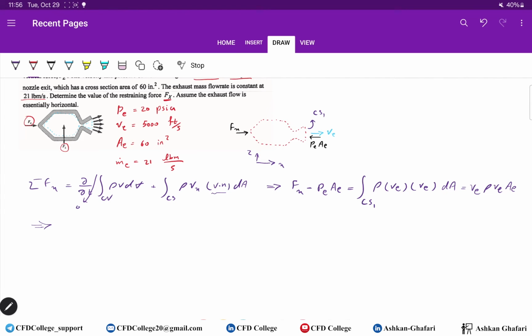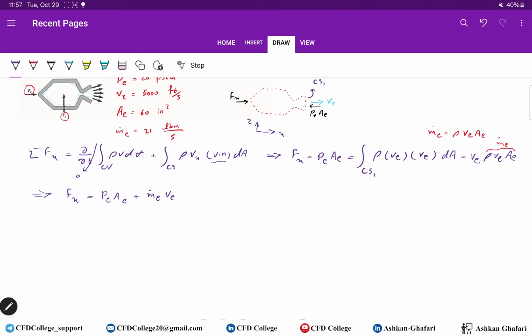We should use this formula, as you know, m dot E equals rho VE AE, which is this term. So this product of these three parameters is equal to the mass flow rate. So Fx equals PEAE plus m dot times velocity.